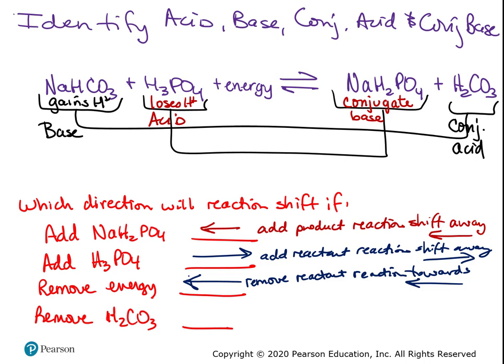And then if I remove H2CO3, which way will the reaction shift? Forward or reverse? Forward. So the reaction will shift forward because I remove product. So the reaction shifts towards the product side.